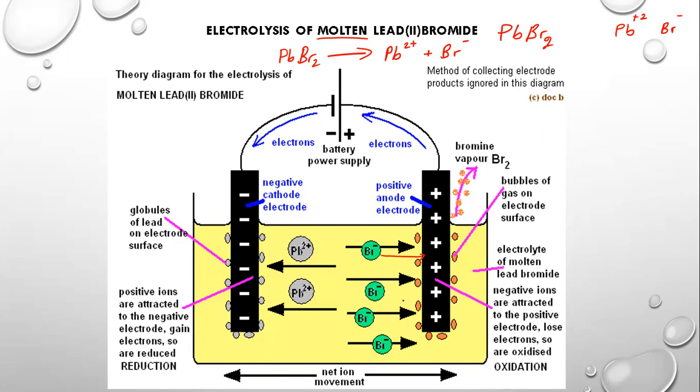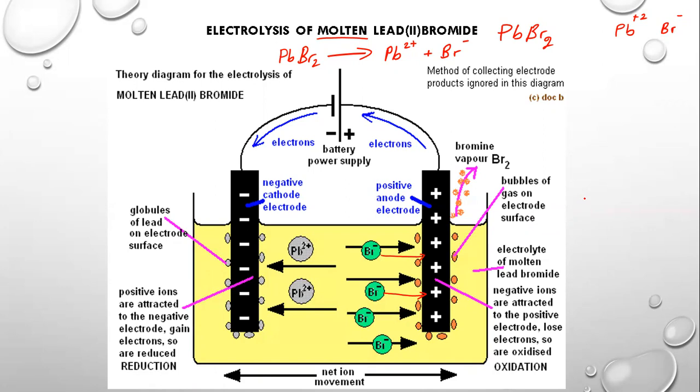Each bromide ion will do the same. All the bromide ions in this electrolyte will move to the surface of the anode and give up their electron to become a bromine atom. This is the reaction that takes place at the anode.